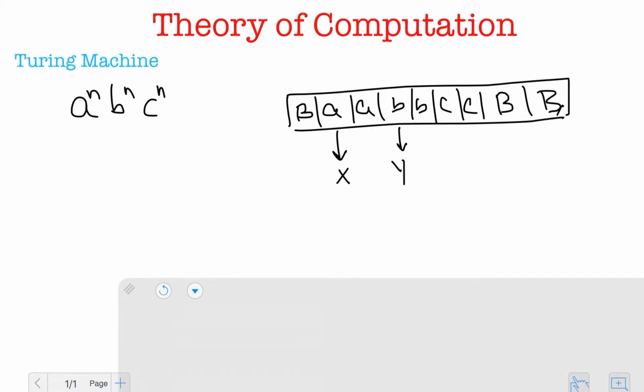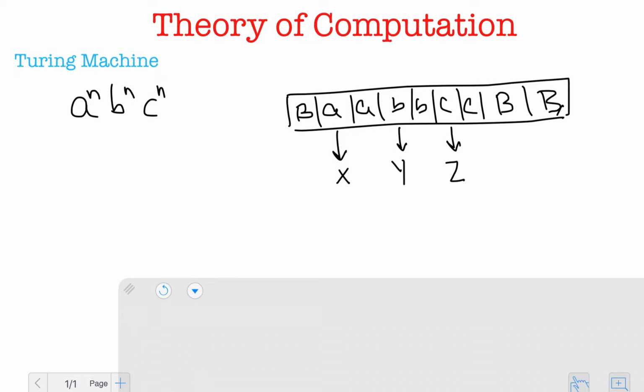Then I will skip left until I find the first c, which I'll change to a z, and then I'll keep going left till I find my x again, after which I will again start moving to the right by finding the first a, changing it to an x, and so on.